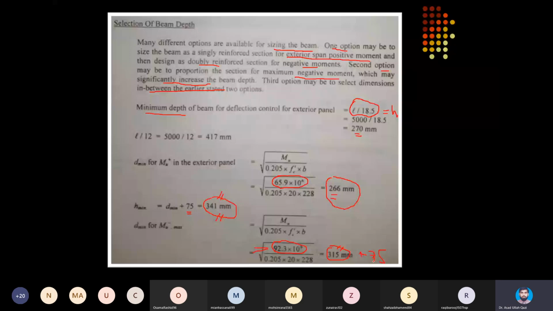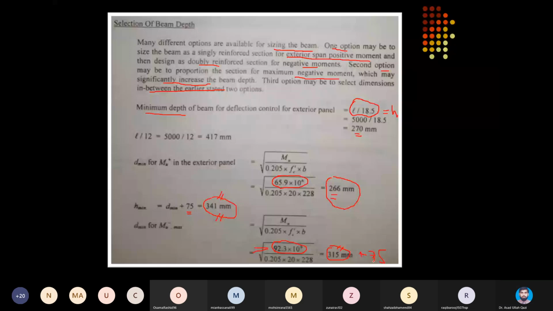So H minimum to satisfy tension controlled under reinforced beam is 390 millimeter.